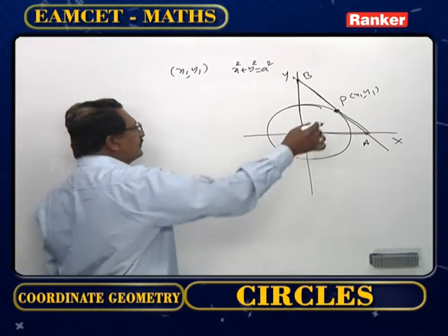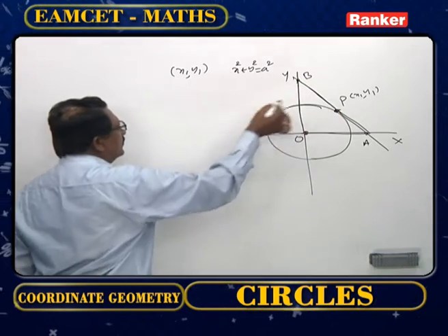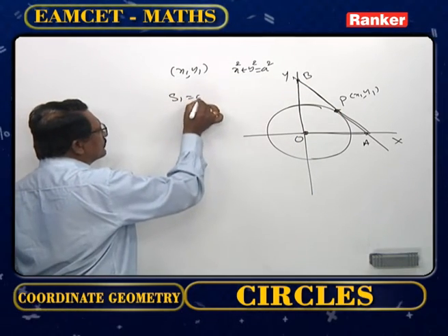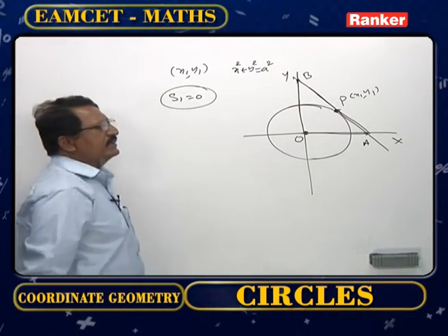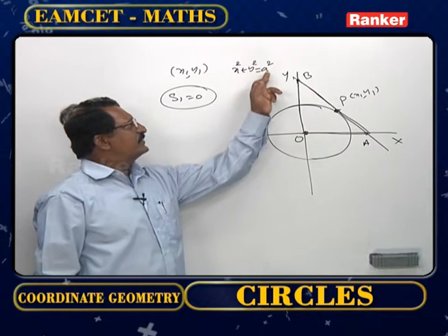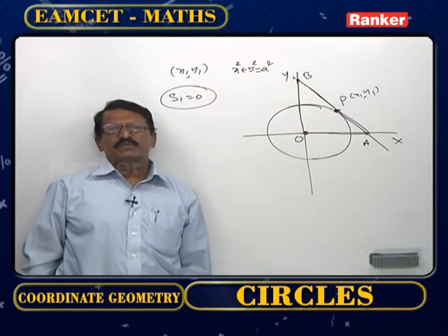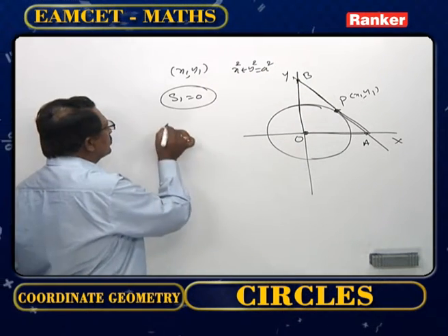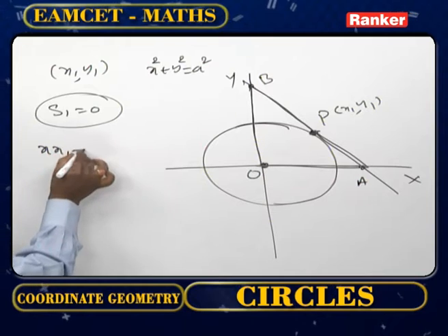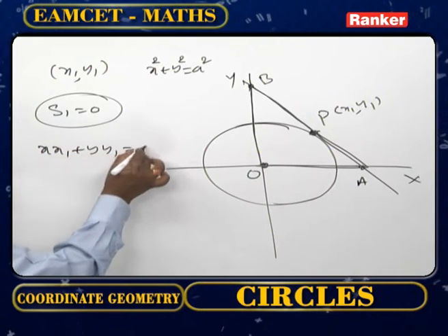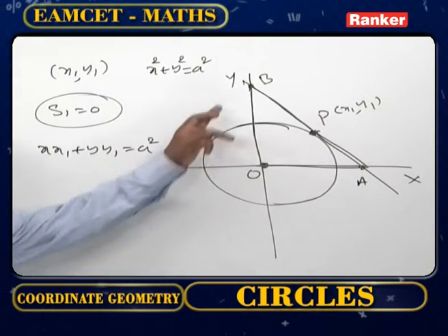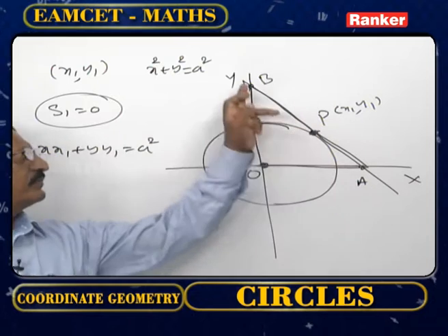The equation of the tangent to the circle x square plus y square equals a square at (x1, y1) is S1 equals 0, that is, x x1 plus y y1 equals a square. This is the equation of AB.